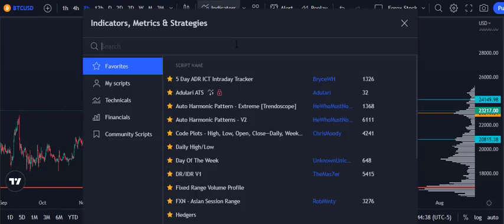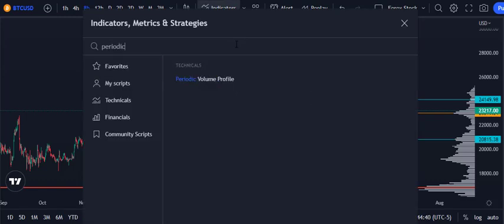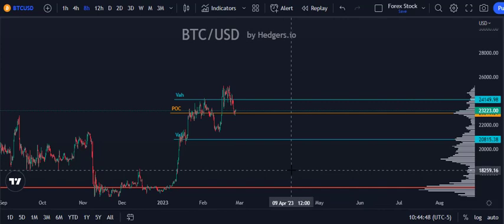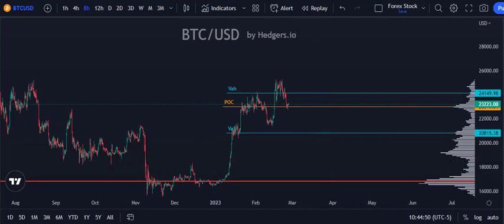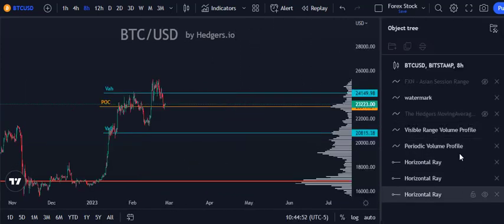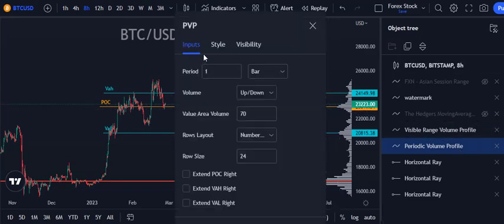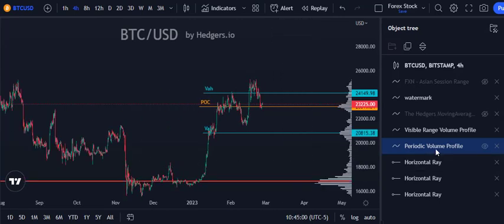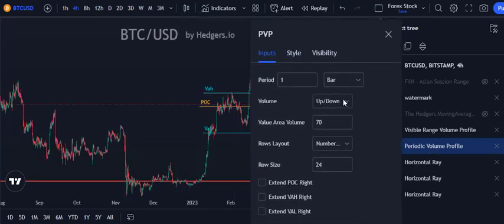Now you see here, you type periodic volume profile. Now you need to mark it as favorite, and when you click it, it will give you something like this. Now you have to select from here.